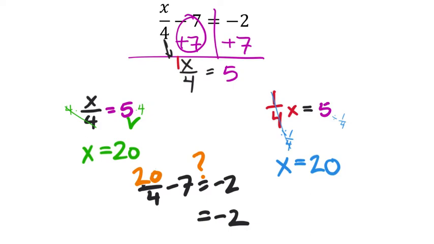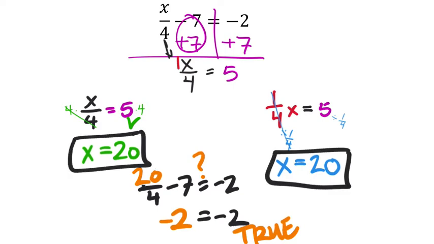So even using the n over d button here, n over d, 20 over 4, get out of the fraction, minus 7, enter. And yes, just as expected, that results in negative 2 equals negative 2, which is a true statement, okay? So since it's true, now I can go back, and I feel a lot better about boxing in my answer, no matter which method I used.